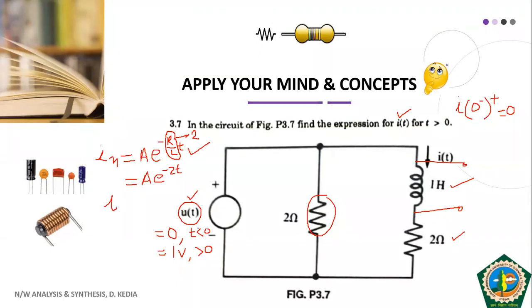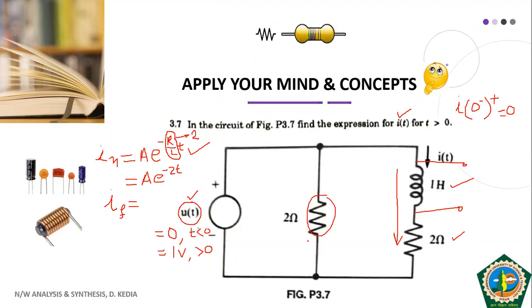Now we need to find out the forced response, and we have already discussed that it will be the steady state response. Steady state response means t equal to infinity, and at t equal to infinity the inductor behaves like a short circuit. That means we have to find the current flowing through this branch at t equal to infinity, assuming the inductor is a short circuit.